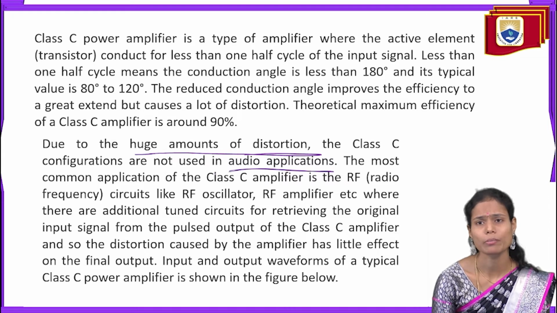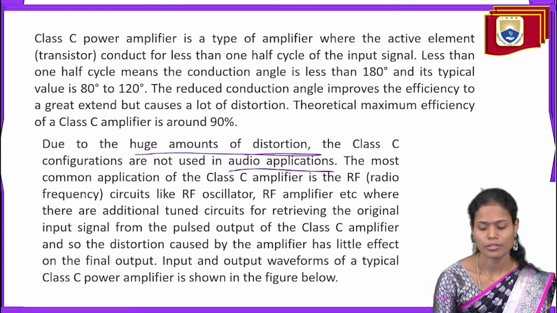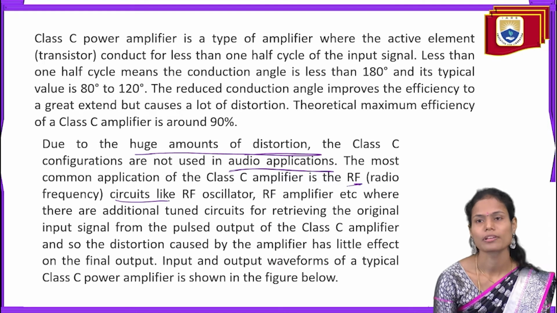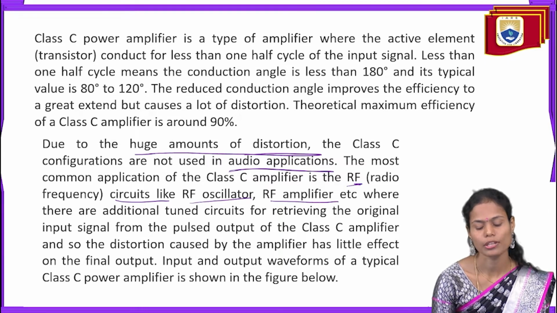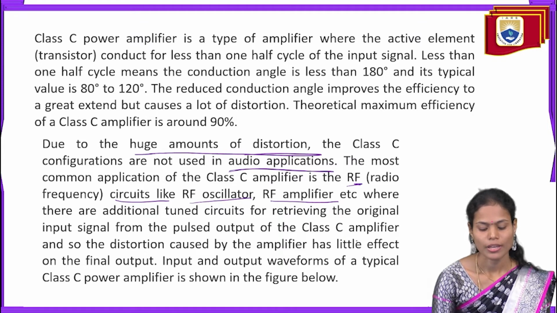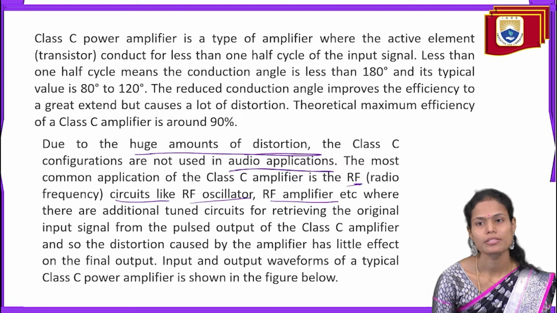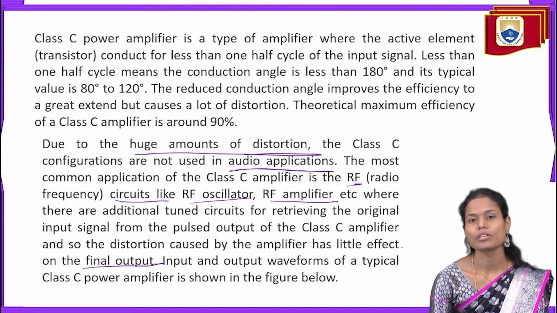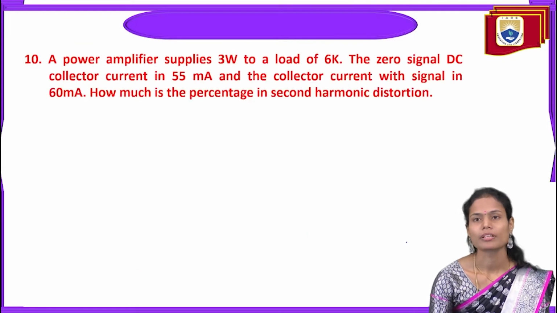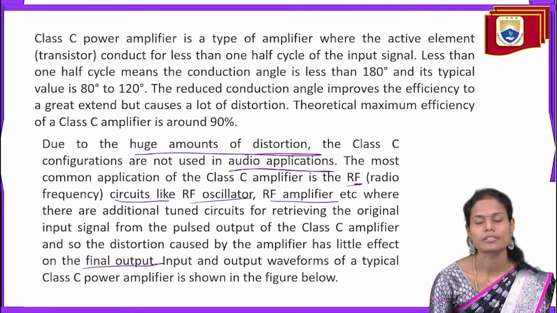The most common application of the class C amplifier is in RF circuits like RF oscillators and RF amplifiers, where there are additional tuning circuits for retrieving the original input signal from the output of the class C amplifier. So the distortion caused by this amplifier has little effect on the final output here. Input and output waveforms also need to be discussed for this given question.